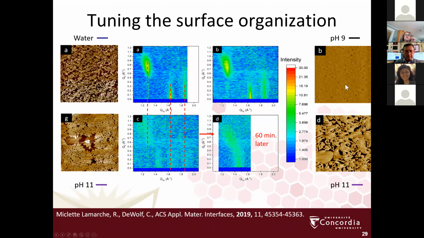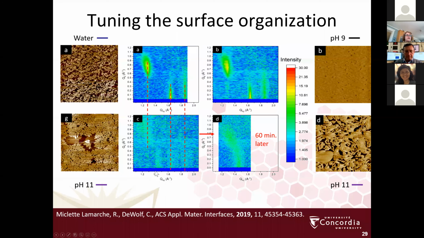Now, once we get up above pH 10, we start to see, as we proposed, increased deprotonation. We see the same peaks, much weaker, but we also see a new set of peaks appearing. We thought, well, the options are either we have impurities or this is a kinetically controlled process and it's just very slow to rearrange. So what we did is we waited 60 minutes and this is what we get.